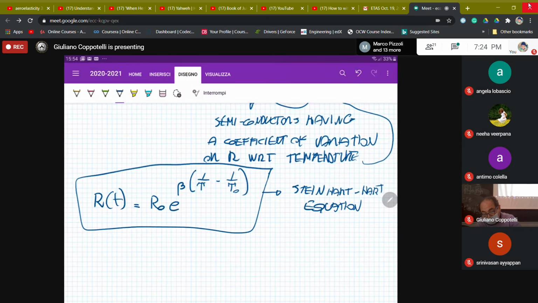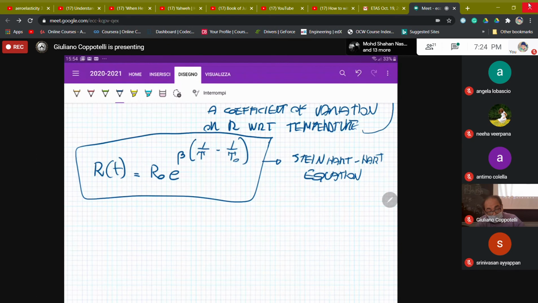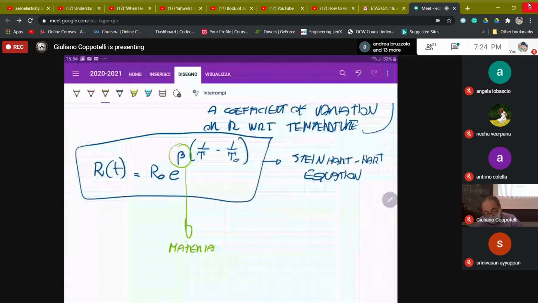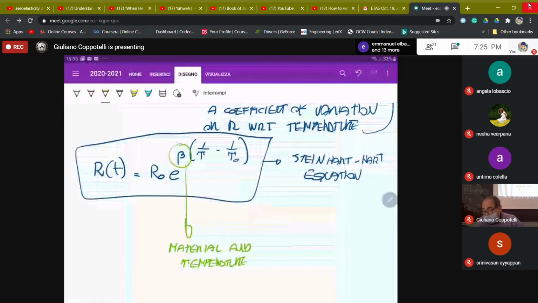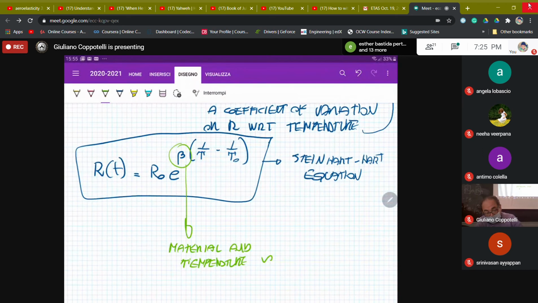Please note that the beta coefficient is dependent on the material and the operating temperature. Just to give you an idea, the order of magnitude is 4000 Kelvin. Both T and T0 are given in Kelvin.